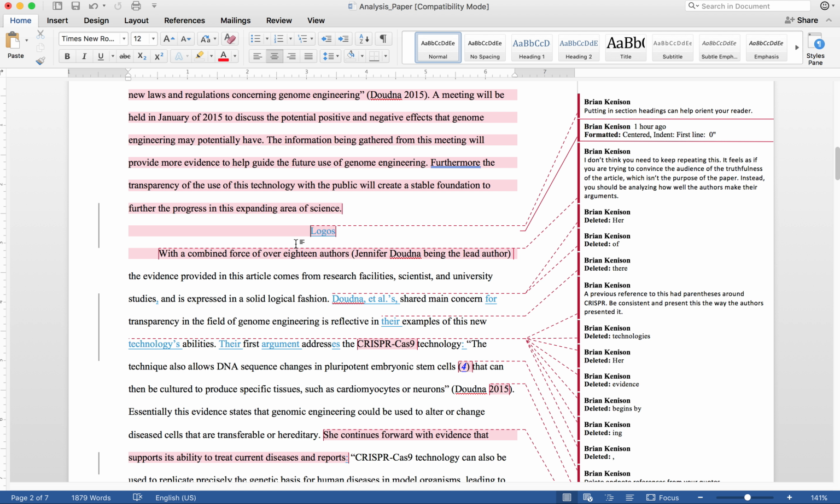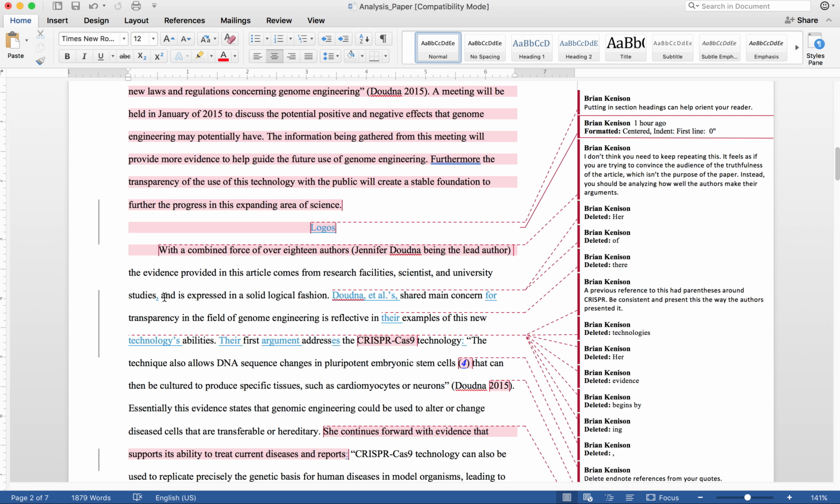Getting down into this, it's talking about the writer here again brings up that 18 authors worked on this, and it keeps bringing it up a few times in the paper, and it almost sounds like the author's trying to prove Doudna and her associates trying to prove that they're correct.